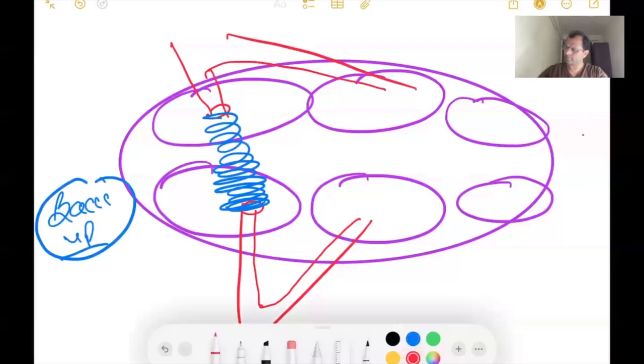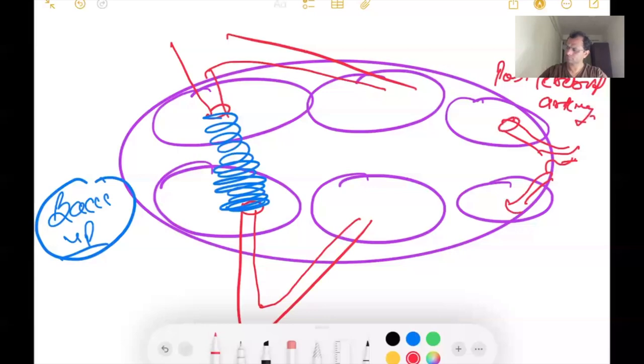Here blood is also coming. Okay. This is the posterior cerebral artery. Got it? Now, if blood is not coming in this part, in the anterior part, we can also take the blood from the posterior part.